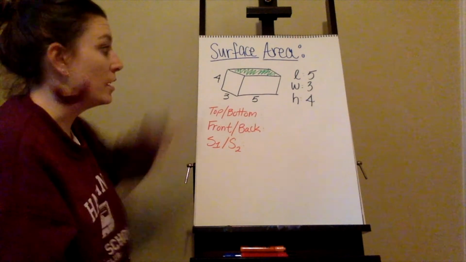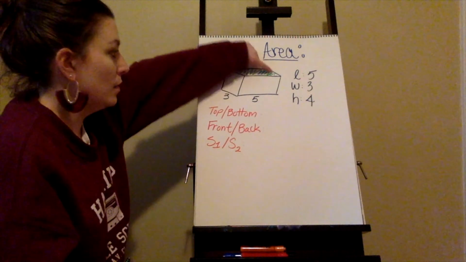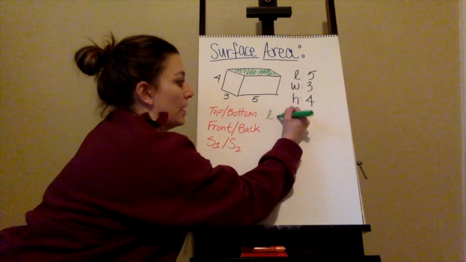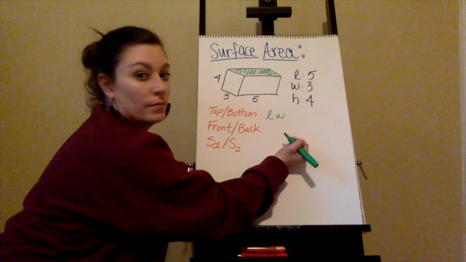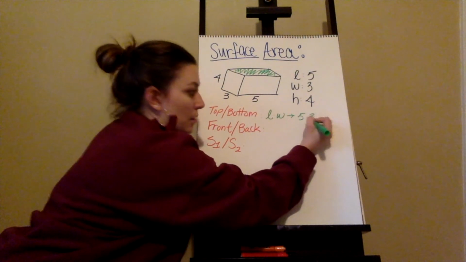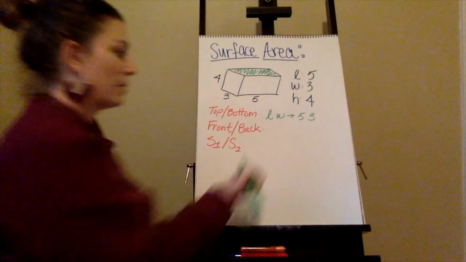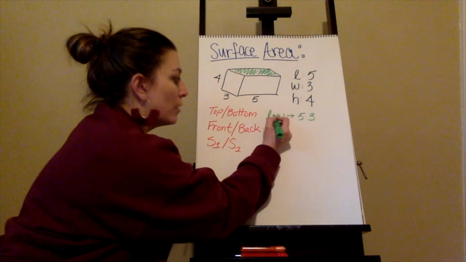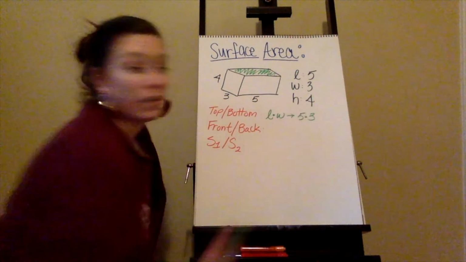So that's going to be 5 and 3, which is our length and our width. So length times width, which we know is 5 times 3. Remember, I'm using the multiplication dot to show multiplication here. That way we don't get confused since we're starting to use variables.